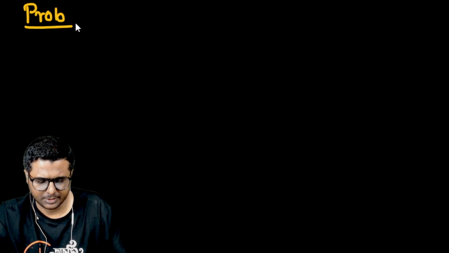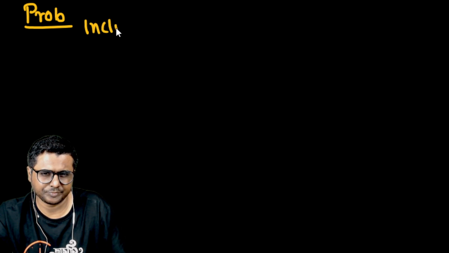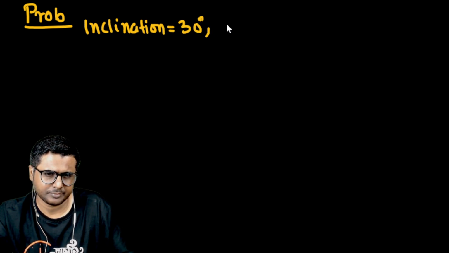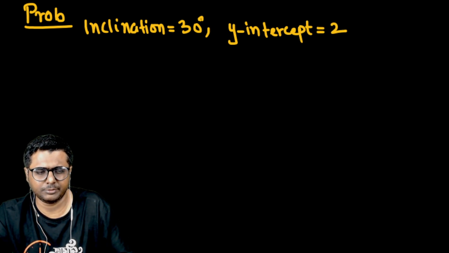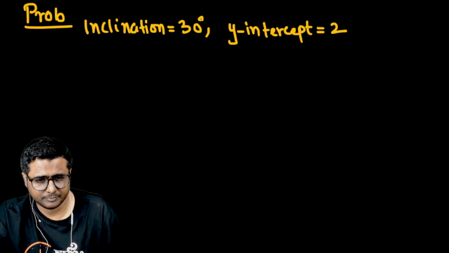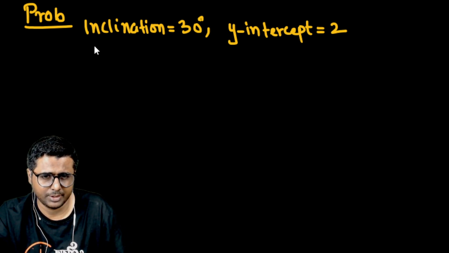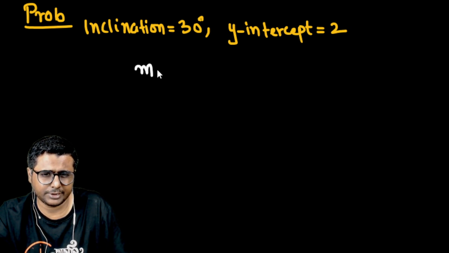So our next problem. The inclination is 30 degrees and the y intercept is equal to 2. So find the equation of the straight line. Okay. So in this problem, the inclination is 30 degrees. So first I have to find m. So m is tan theta.